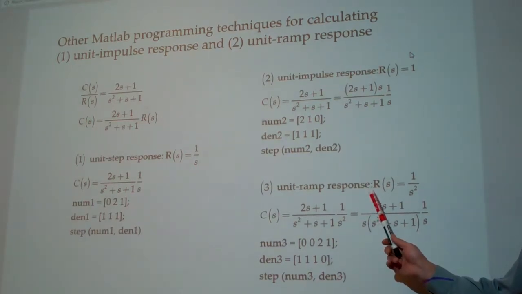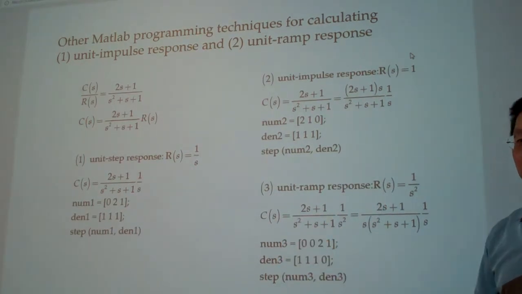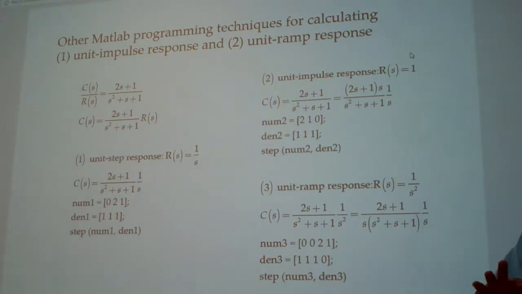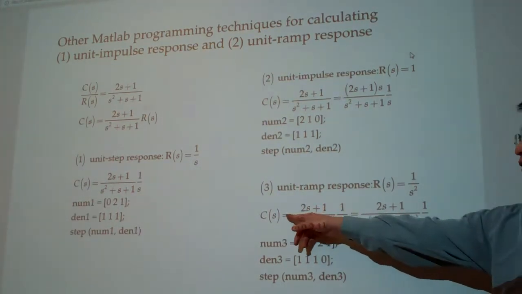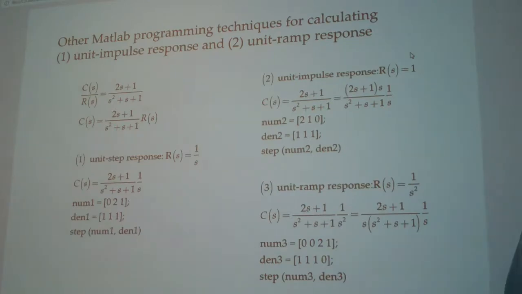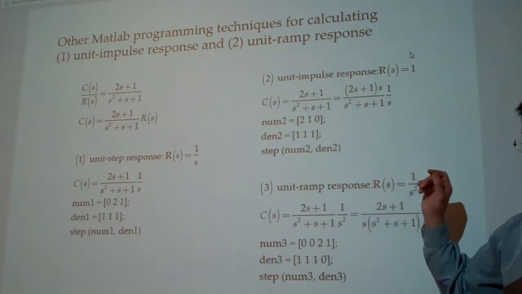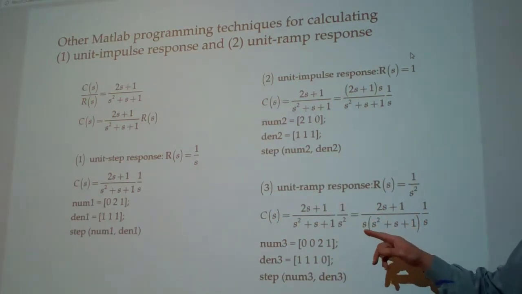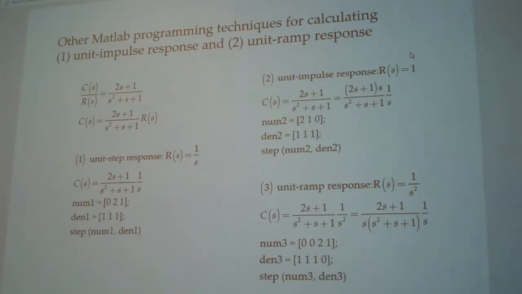If you wouldn't know this tip, you would have to manually calculate C of t by hand, do the inverse Laplace, find the description of C of t, and then implement that time function in MATLAB. That is another feasible way, but this is quicker. So that is this section.